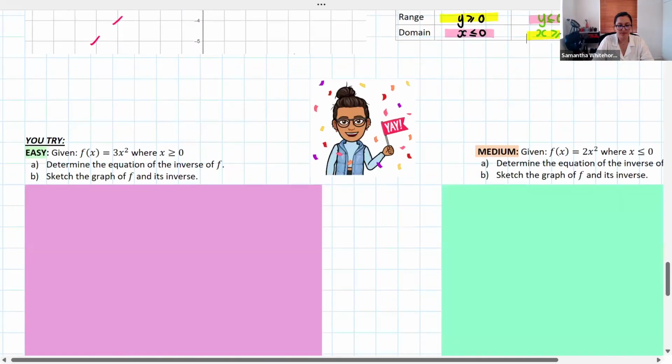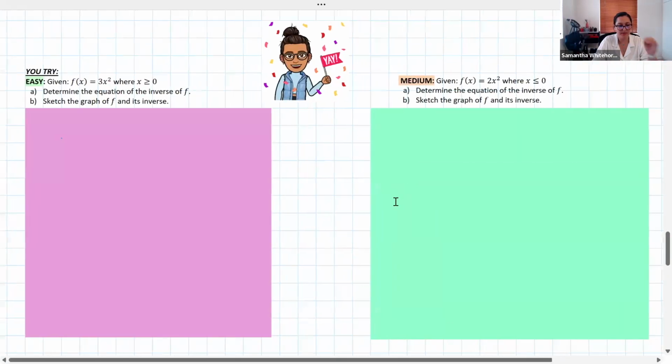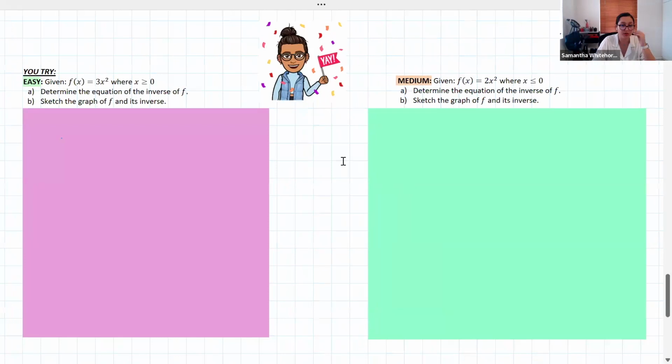Okay, so guys, you know the drill. Give these a try. Pick which one you're more comfortable with. It's completely up to you. The first one is f of x equals 3x squared, where x is greater than or equal to 0. I want you to sketch the inverse for both of them.